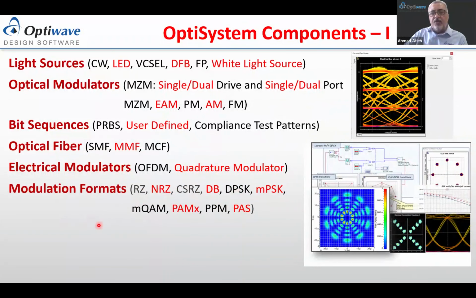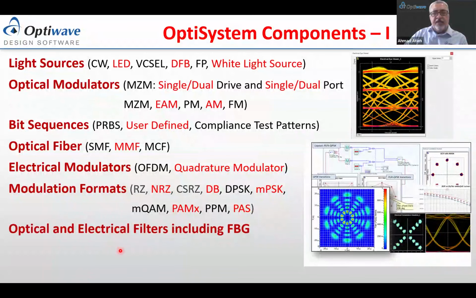Modulation formats, we support all types of formats in the market, from standard on-off keying, which is return to zero or non-return to zero, to other advanced modulation like QAM, differential PSK, or PAM, and so on. Filters, we support analog and digital filters in the optical and electrical domain, as well as fiber Bragg grating filters.